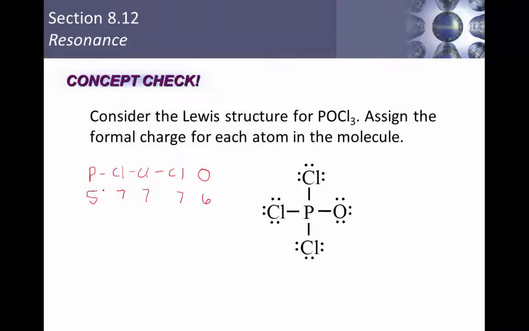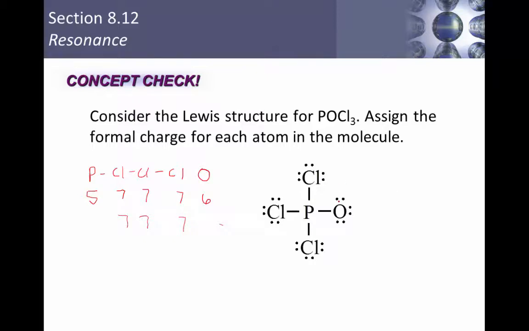So I've assigned my valence electrons. Now I assign the lone pairs and the shared pairs. Each of these chlorines has 2, 4, 6 lone pairs, and then 1 from the shared pair, so 7. So I'm putting 7, 7, and 7.